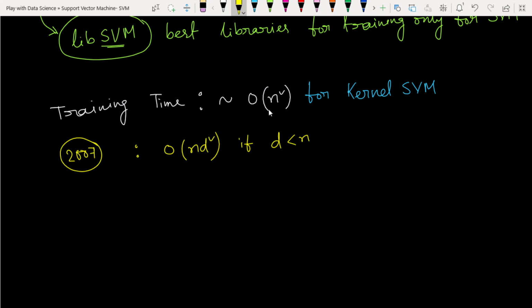I don't remember the exact year, but it is near about 2007. It is a more optimized algorithm than kernel SVM, a better algorithm.